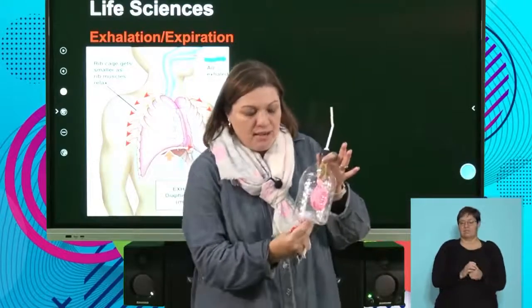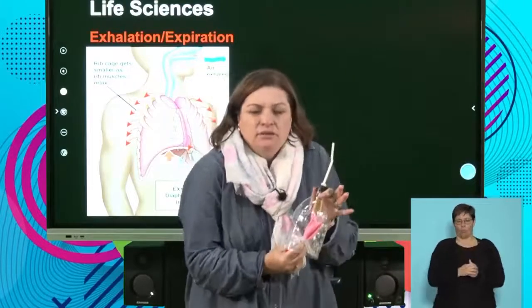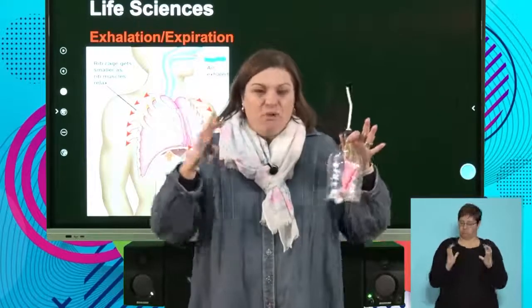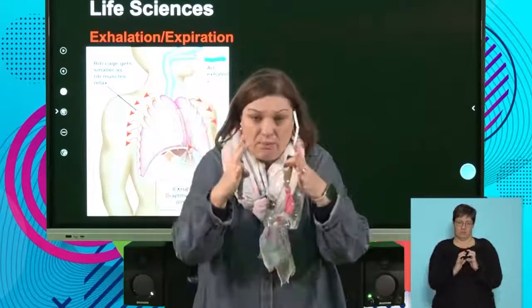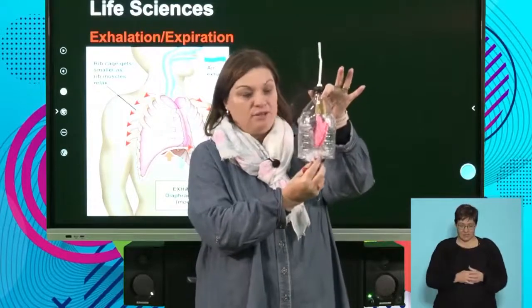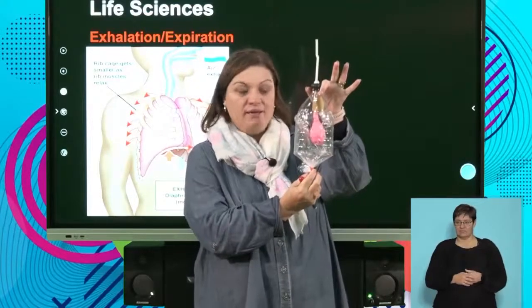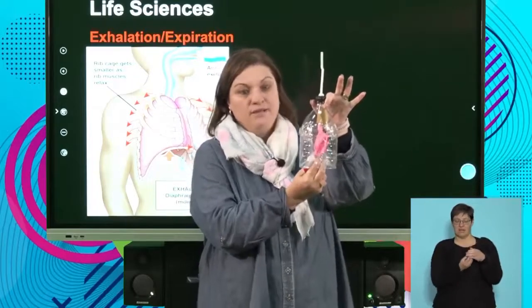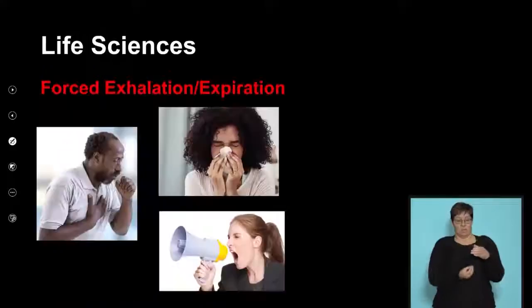I push my diaphragm back in. So I push, pressure, okay? And what else do I do? Lots of pressure, and I press in, and I've got a little bit of space. So I breathe out. So look there, breathing in and breathing out.